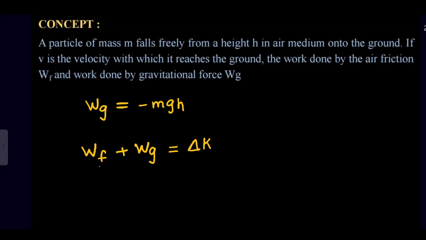That is delta KE. So the work done by air friction we need to calculate, and the work done by gravity is minus mgh, which is equal to delta KE. That is what? Half m v square minus half m u square.